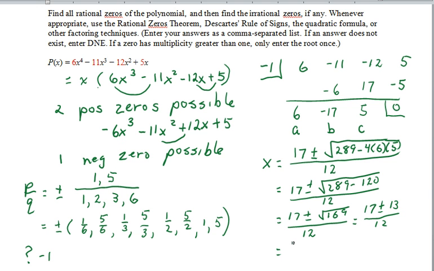That's going to give us 30 over 12, which dividing by 6, gives us 5 halves. And 4 divided by 12, which is 1/3.